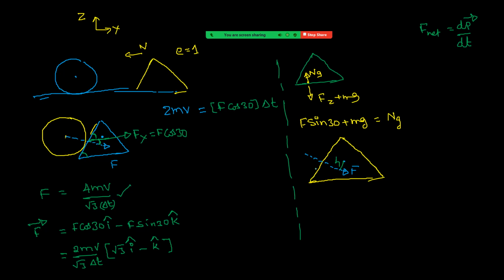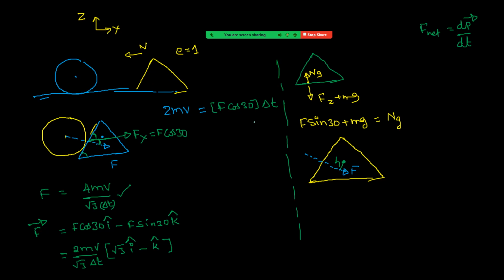Now we have to find torque due to normal reaction. About center of mass, because of this force, torque will be anti-clockwise. But the condition given is that it moves back without any rotation. That means net torque about center of mass should be zero.